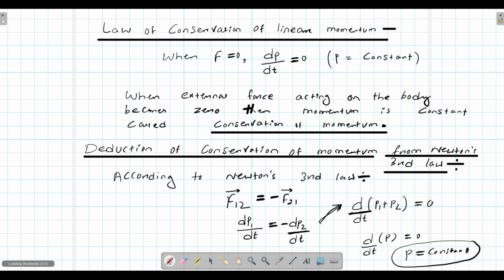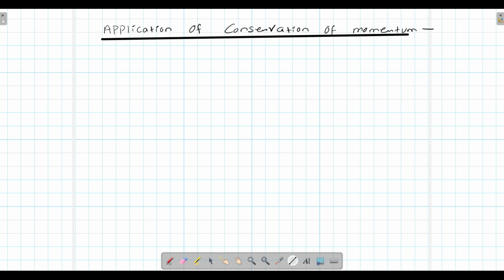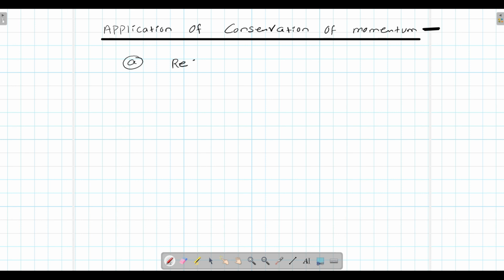So next is application of conservation of momentum. What are the applications of conservation of momentum?